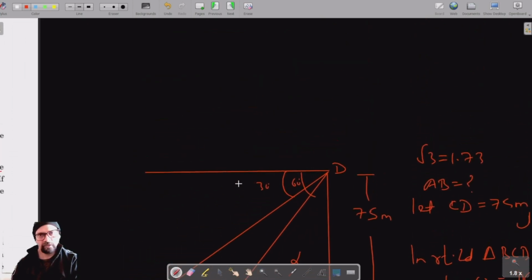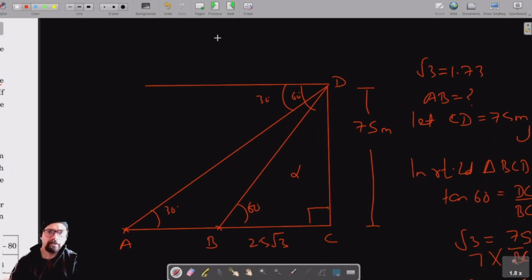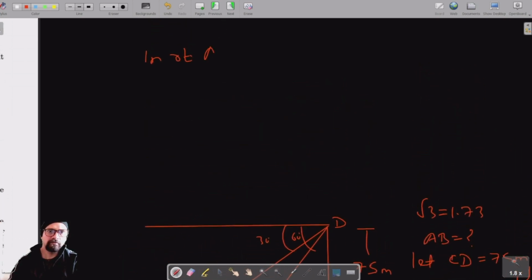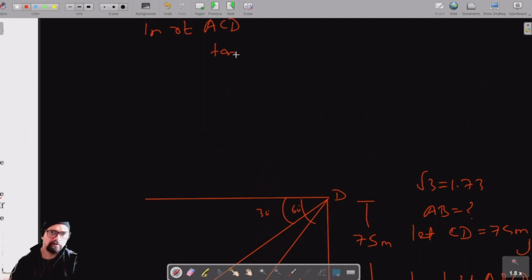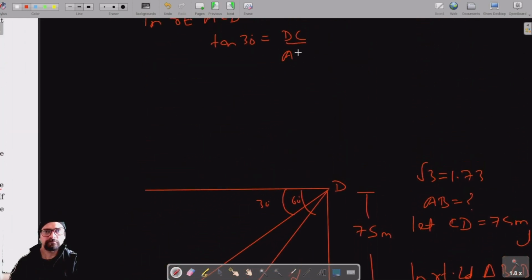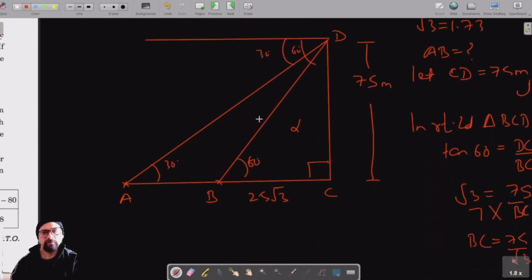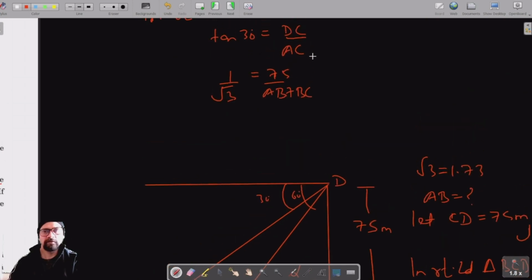Now we have one more right triangle, which is the bigger one, and in right angle triangle ACD, which is right angle at C, I'm once again going to use the ratio tan 30, which is equal to DC by AC. Now tan 30 is 1 by root 3, DC is 75, and AC can be broken into AB plus BC.